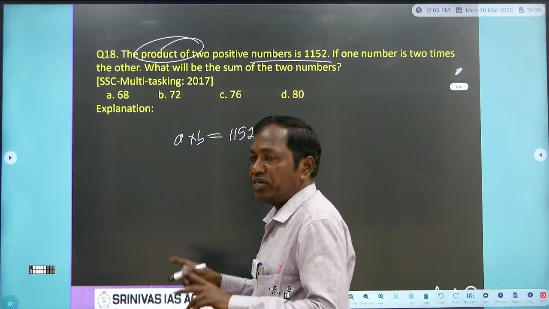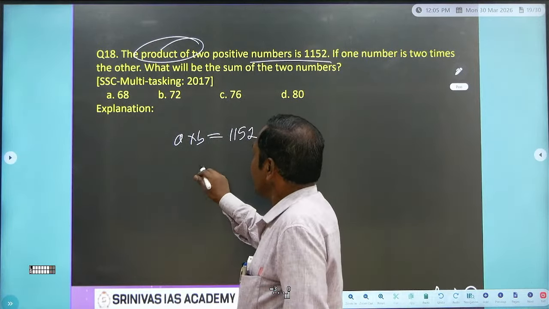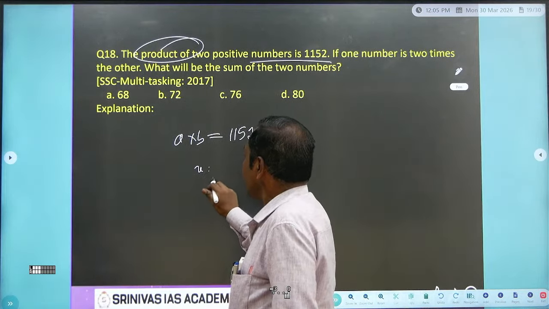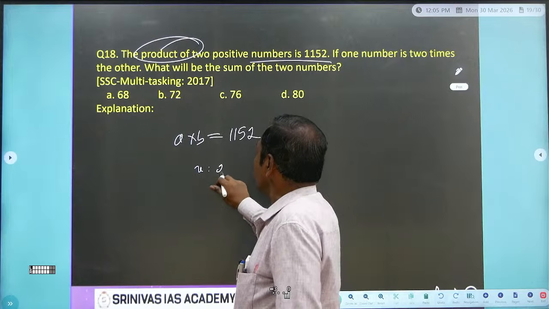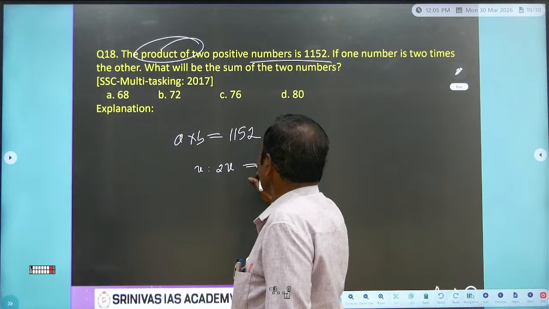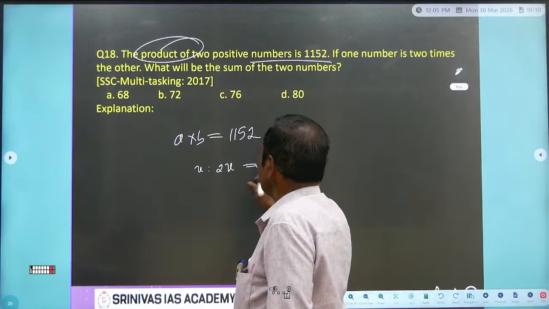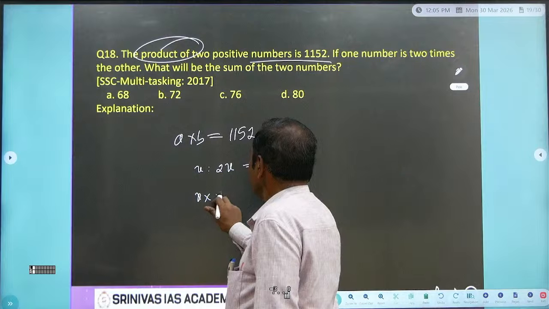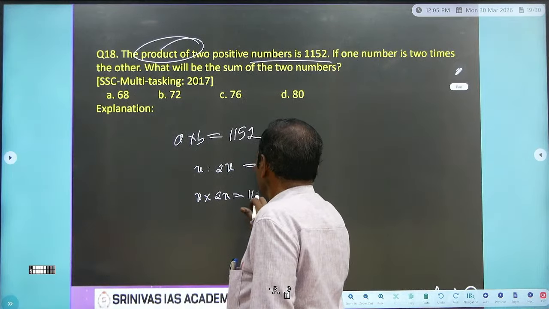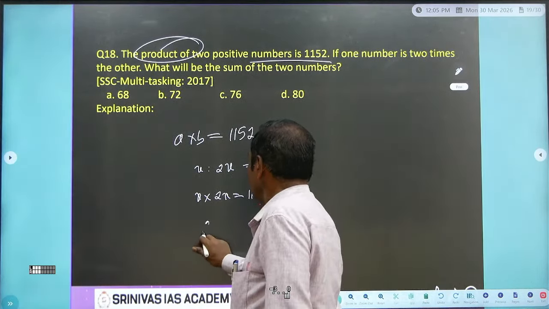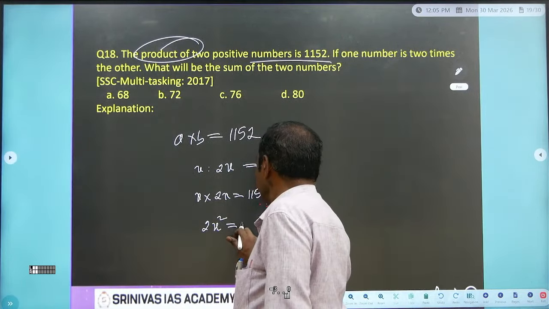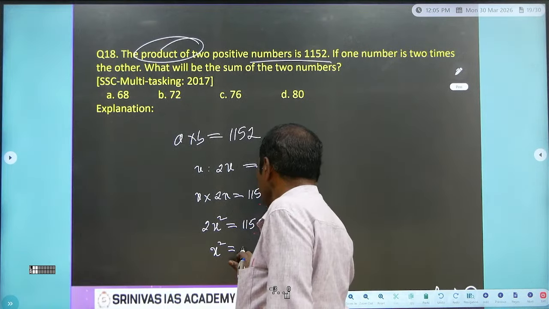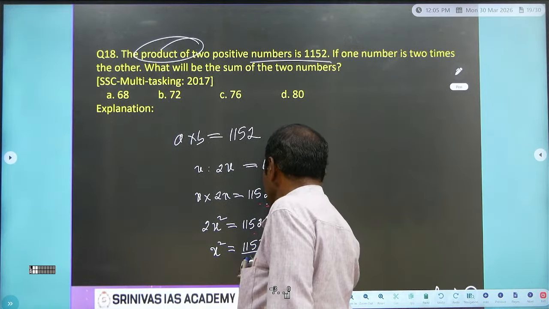You can take one number as x, and the other number twice, 2x. Now x into 2x is 1152, so 2x square is 1152, and x square is equal to 1152 by 2.